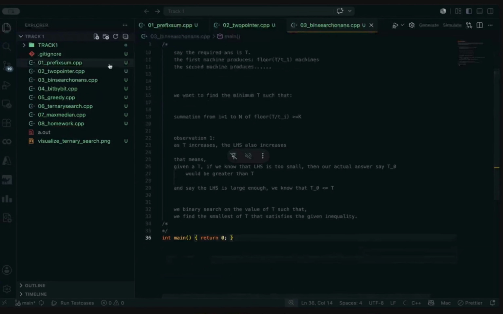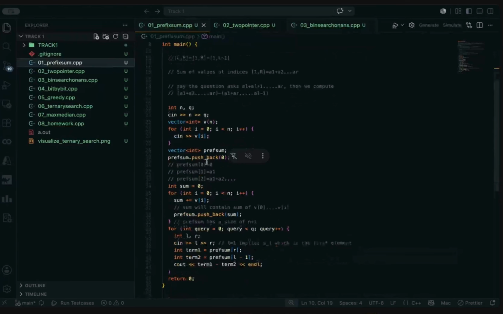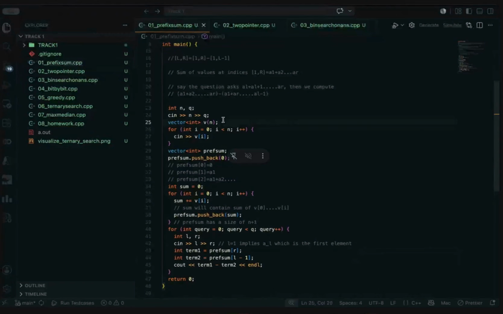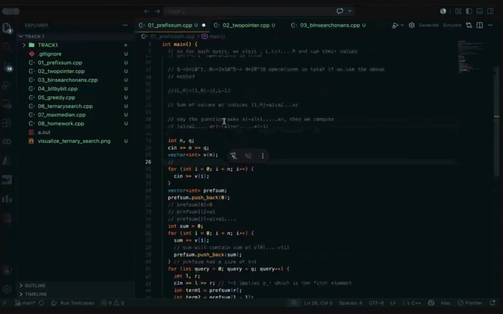One thing we forgot to warn you about in these questions is that integers are of multiple types in C++. The standard int that we use can carry values up to roughly 2 times 10 to the power 9.